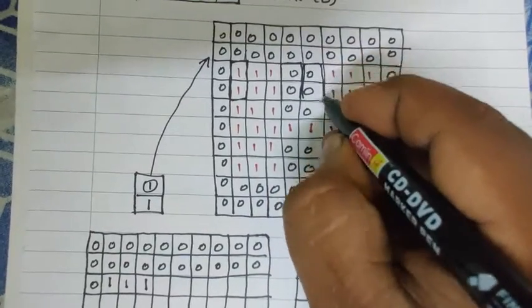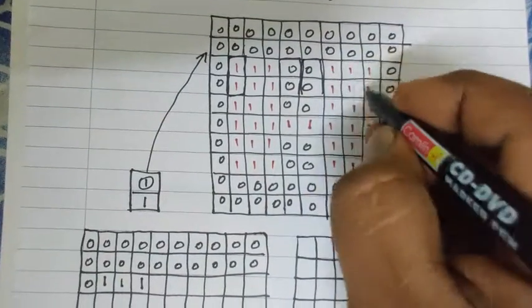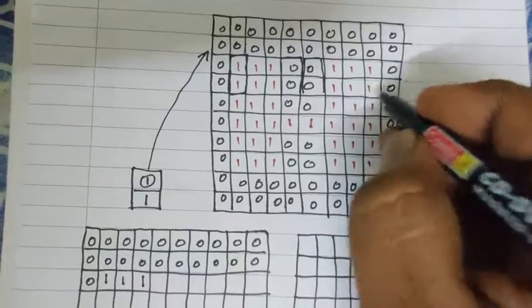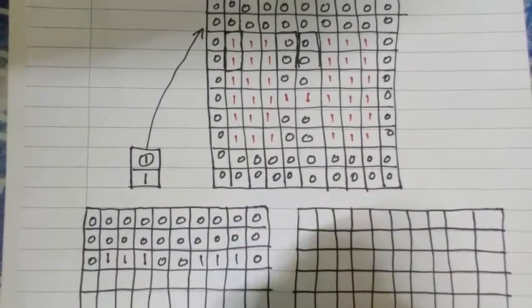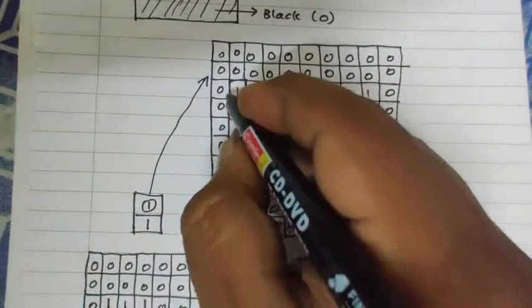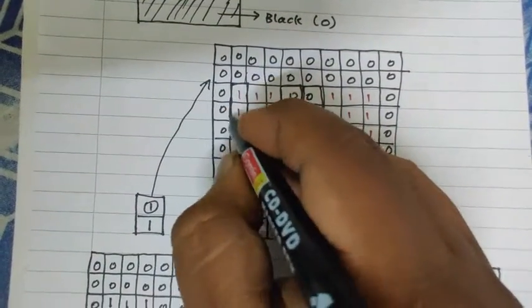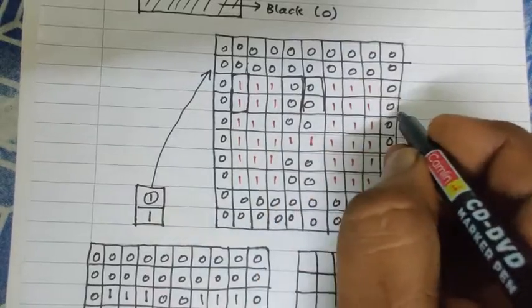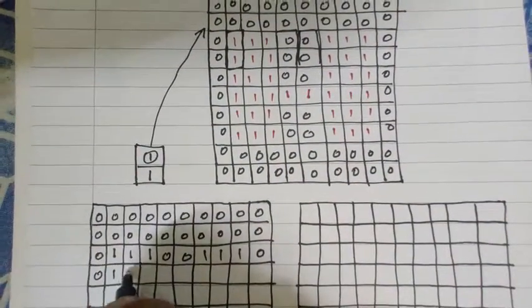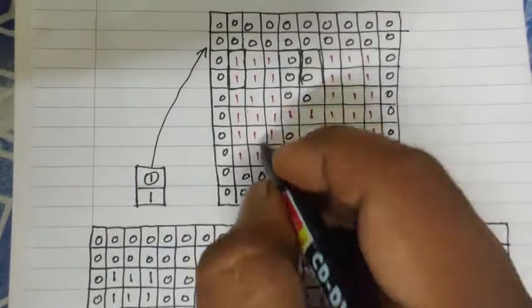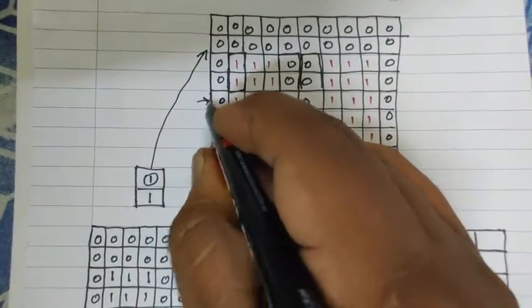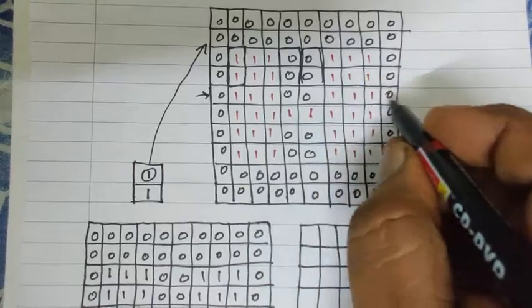Again they will match thrice, and again they won't match. Let us move to the 4th row. Again the result will be the same as above. Fifth row, again the result will be the same as above.